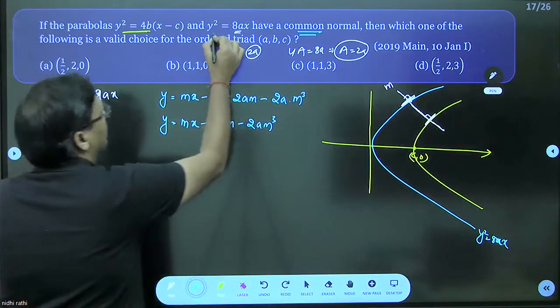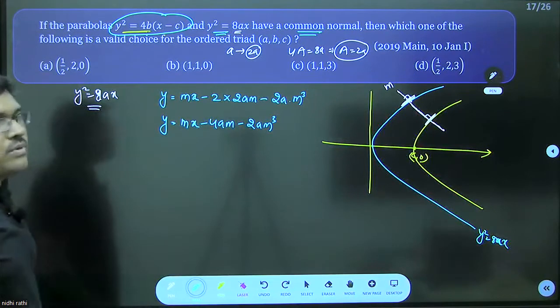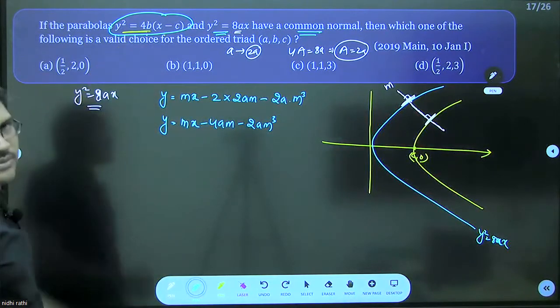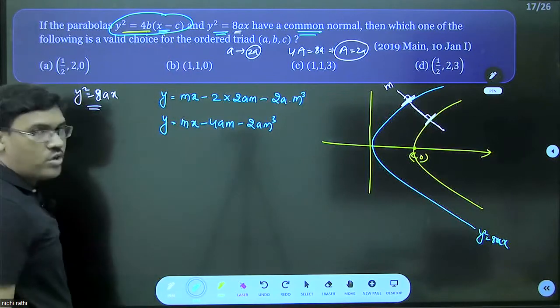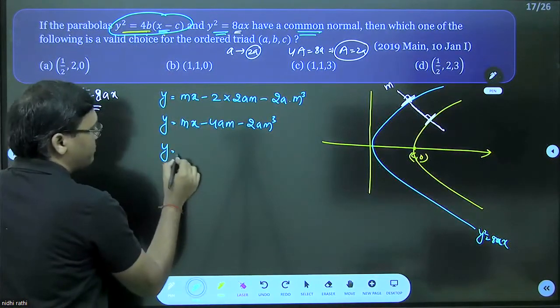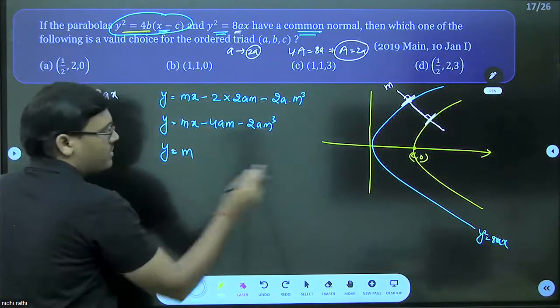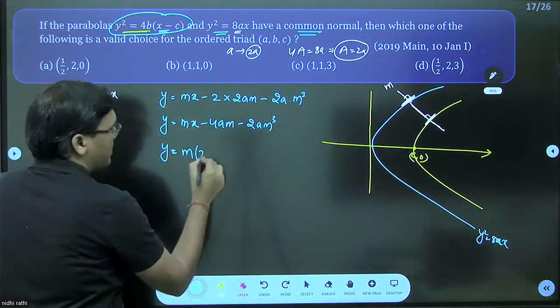Now, what is the equation of normal to this parabola? So what is a for this? This is b, right? Now this is a shifted parabola, x minus c. So what will be the normal with slope m to this parabola? This is y is equal to mx, the slope is the same, m. Instead of x we have x minus c here.